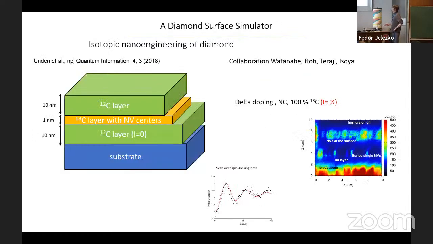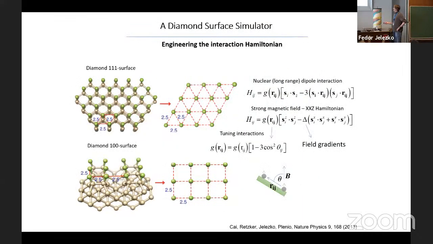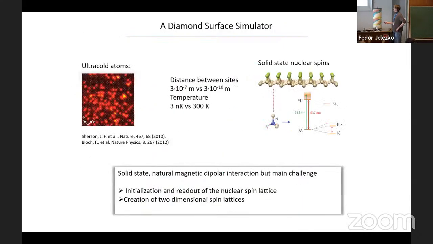Oh yes, so it's an important point I need to mention. So the cooling here is done by NV Center itself. It's a NV Center role here. It's actually twofold. One, it's to measure the state, but also another important role, not less important, is to cool these nuclear spins.